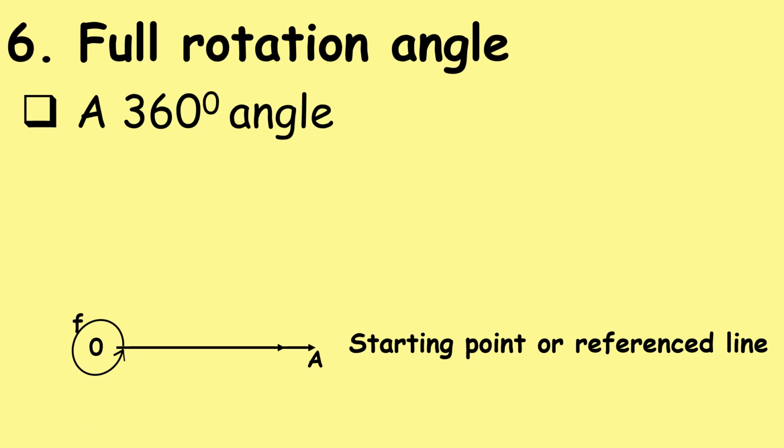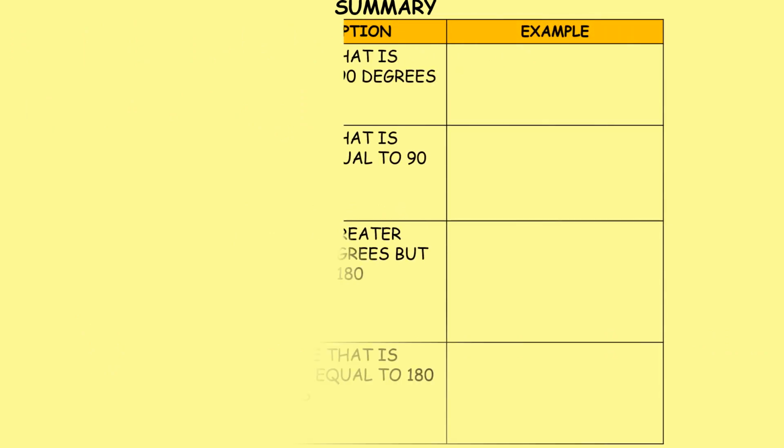So that is starting from the beginning and going back to the beginning in a full turn. So it's a full circle. It's a full rotation angle, and that angle is F. And our F is equal to 360 degrees.